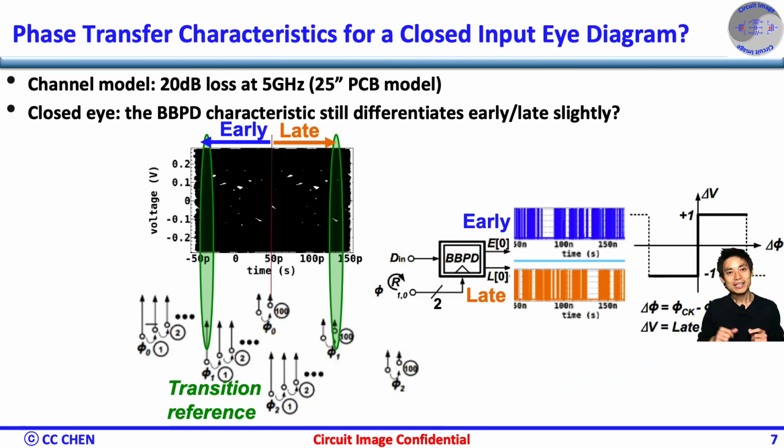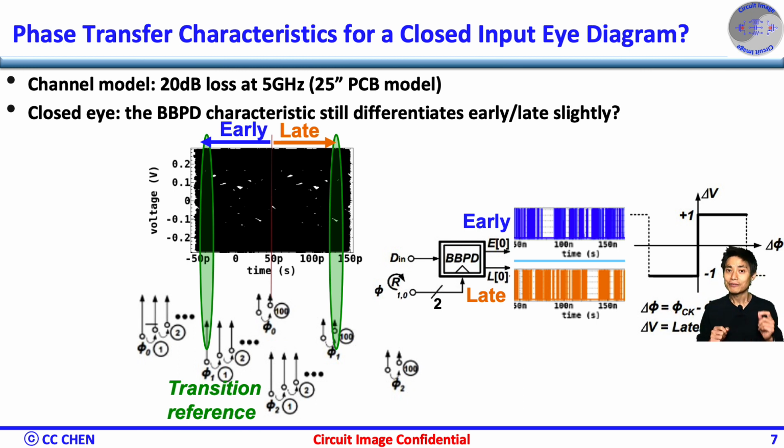Remember, the phase correction of the VCO has a finite BBPD step size and cannot finish the whole phase adjustment in one decision. It must be accumulated with several step sizes over a long time.